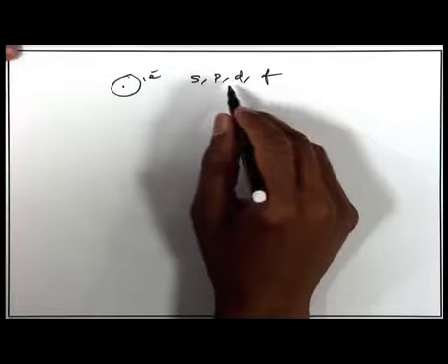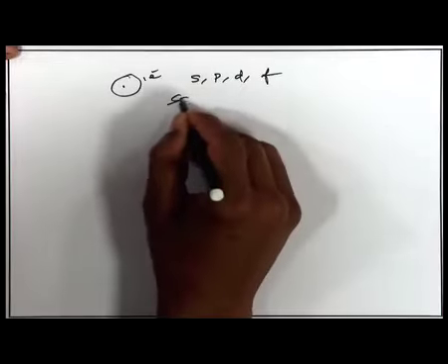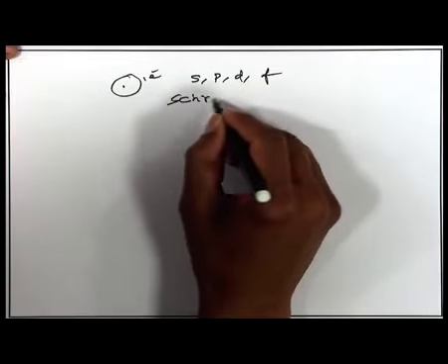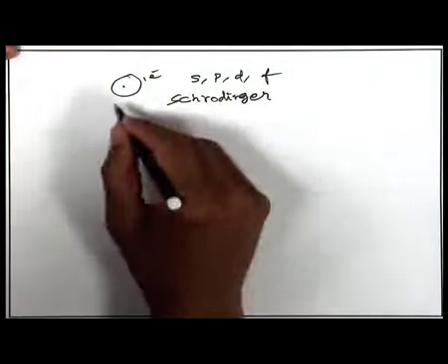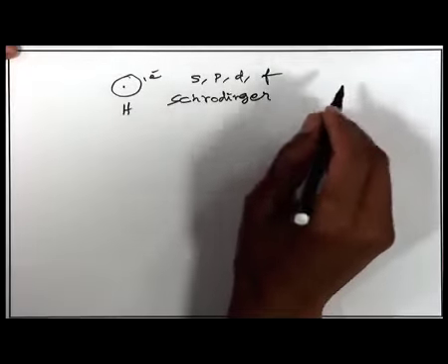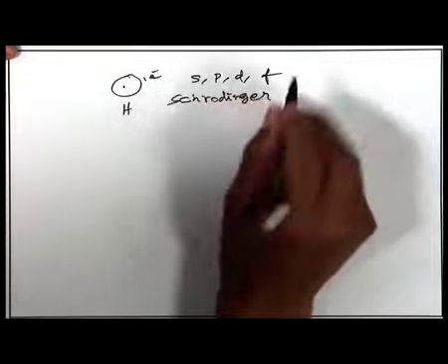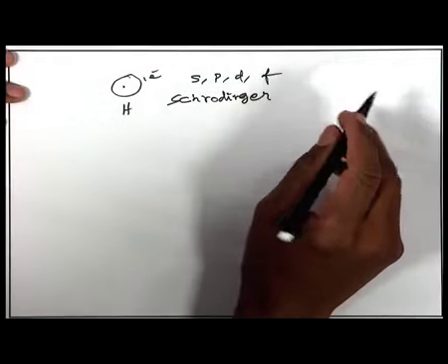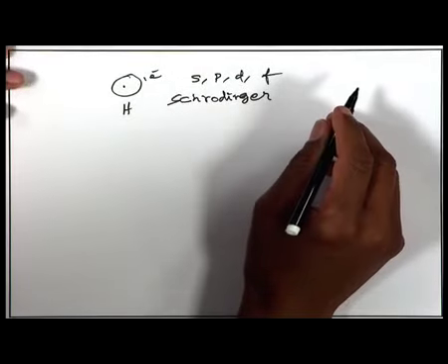The Schrodinger equation for the hydrogen atom was solved exactly and we found energy levels and the s, p, d orbitals. In the same way you can go for molecules.